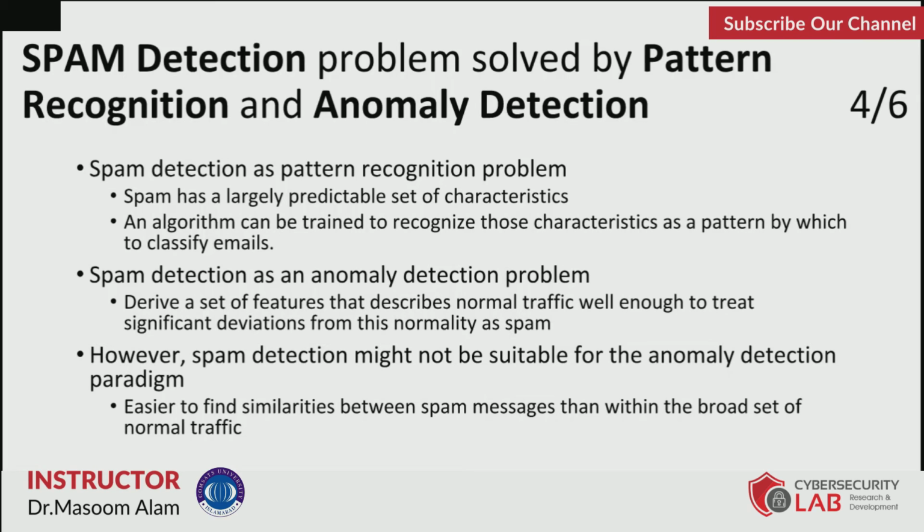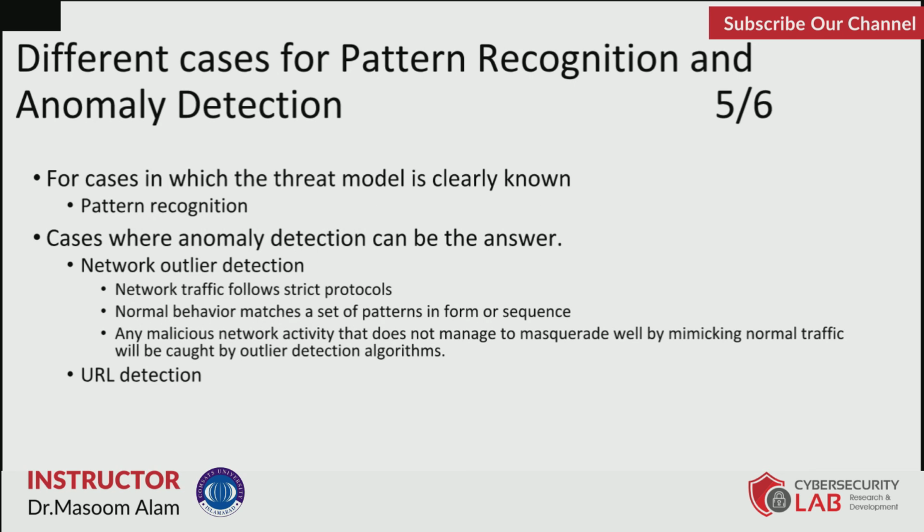However, spam detection might not be suitable for the anomaly detection paradigm. The reason is that it is easier to find similarities between spam messages than within the broad set of email traffic. So what we recognize is that pattern recognition on the spam fighting use case is more successful than anomaly detection.